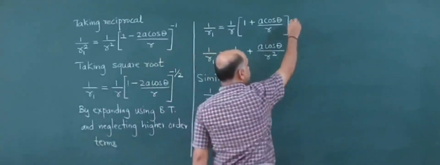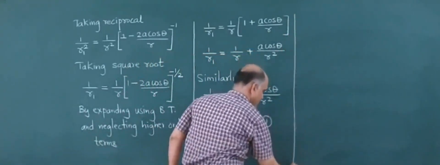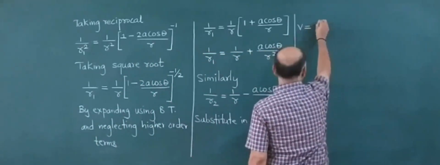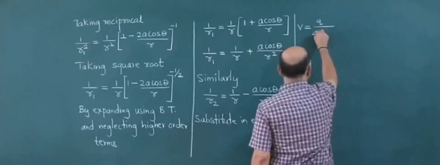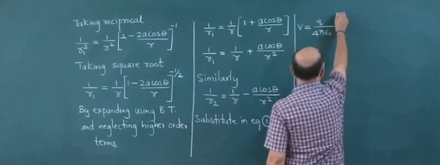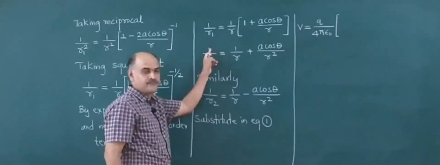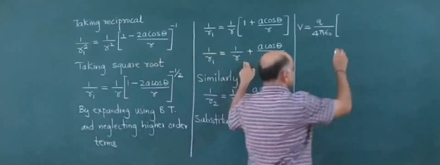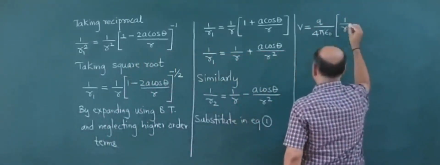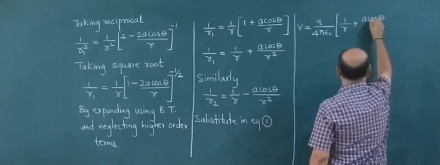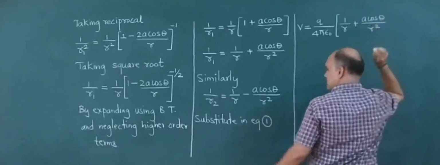So if I substitute, I will have V is equal to Q by 4 pi epsilon naught into bracket 1 by R1. 1 by R1 is this term, that is 1 by R plus A cos theta divided by R square.